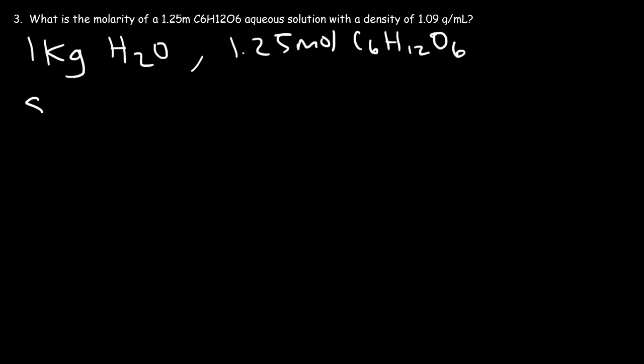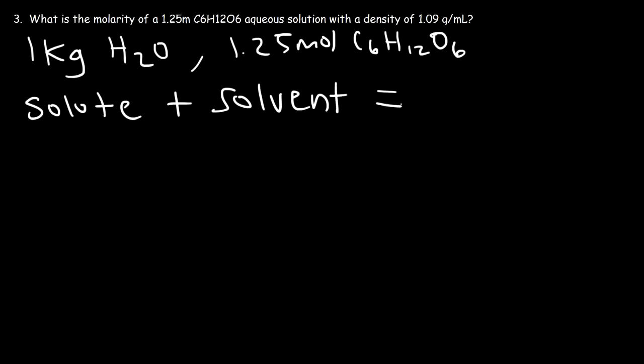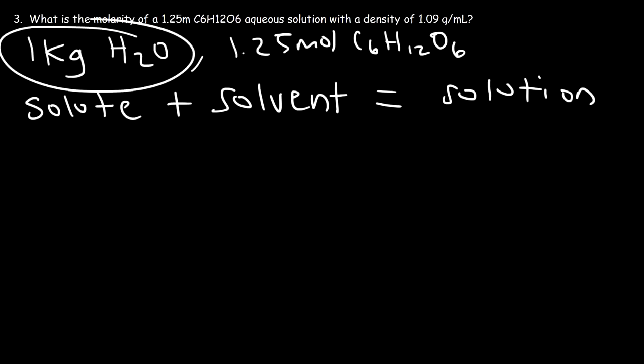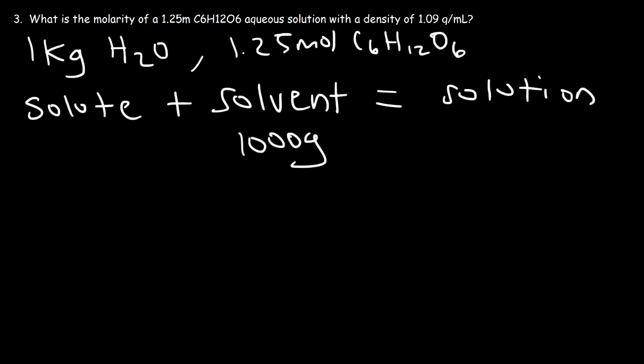Now keep in mind, the solute plus the solvent adds up to the solution. I already have the mass of the solvent. 1 kilogram of water is 1,000 grams of water. So now I need to find the mass of the solute and then add those two together to get the mass of the solution.